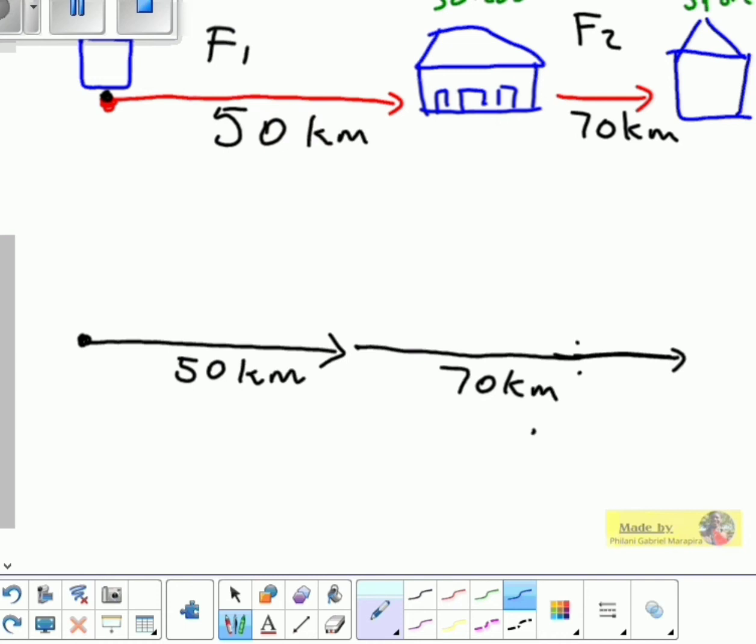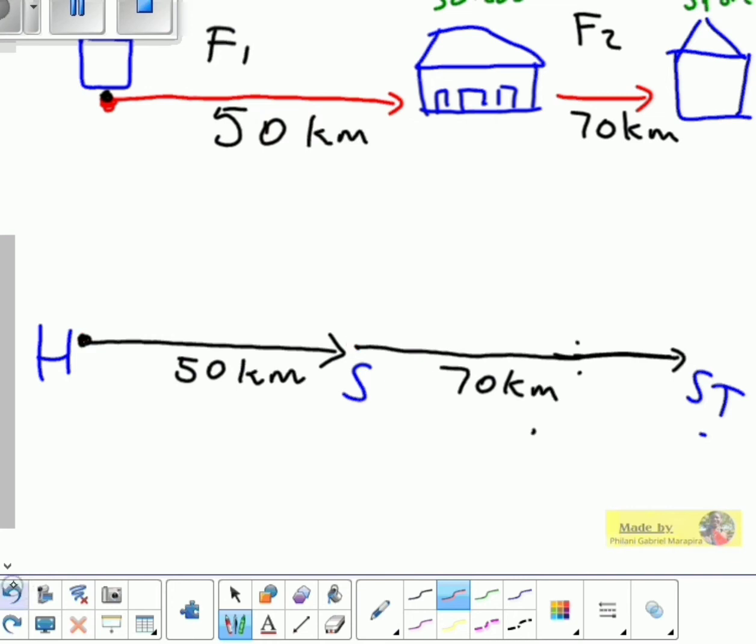It started at point H, which is the home, then school, and store. You see, we have three points here which are collinear: point number 1, H; point number 2, S; point number 3, ST.